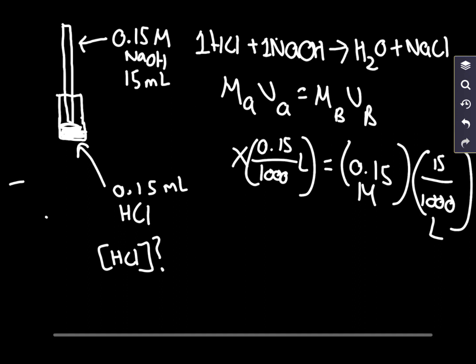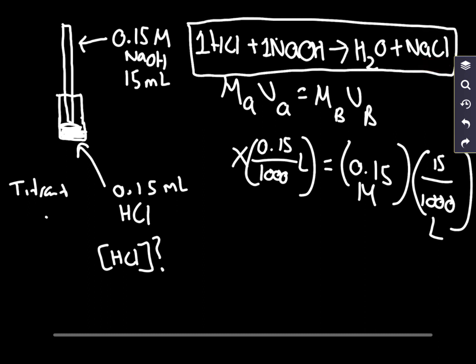And the thing we're trying to find the concentration of is going to be called a titrant, all right? So our titrant is going to be our acid, but we're trying to find out the concentration. What we do is we first write out our reaction for the titration.